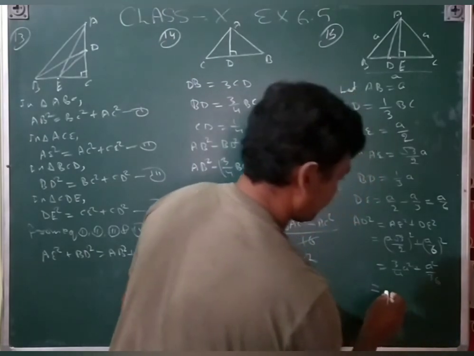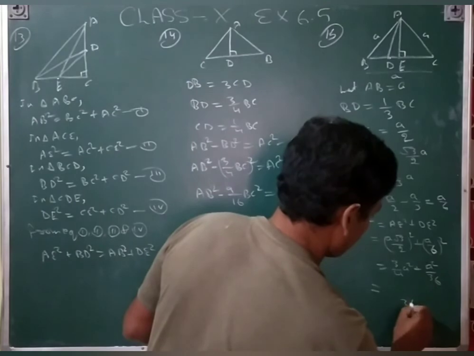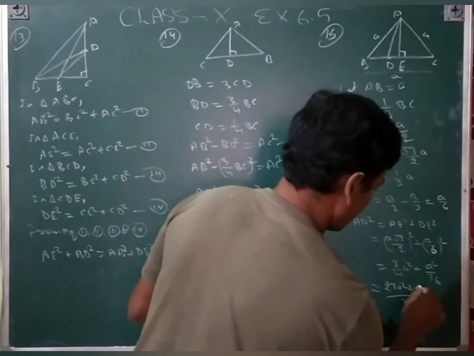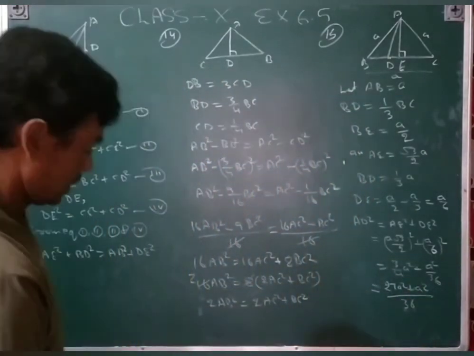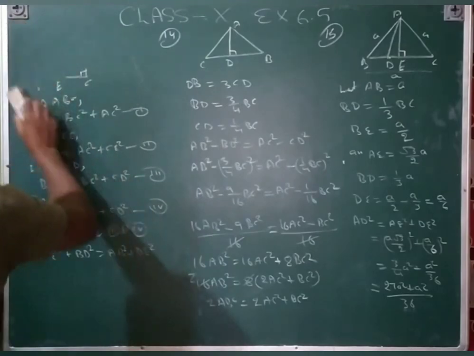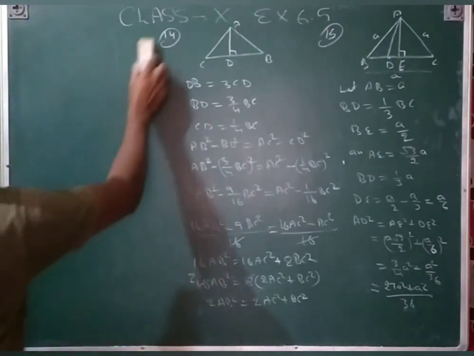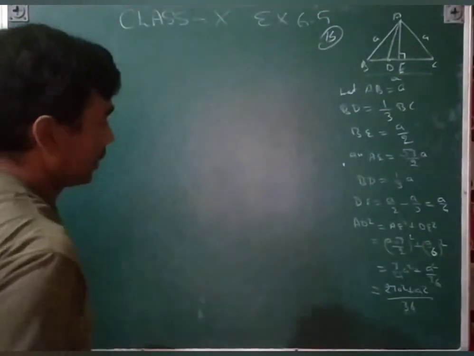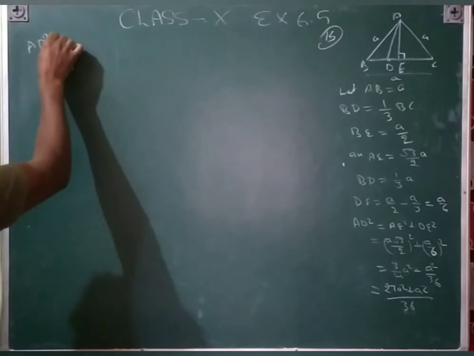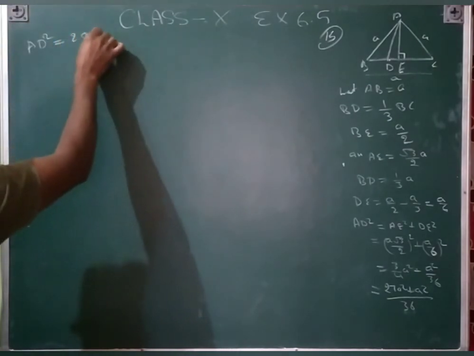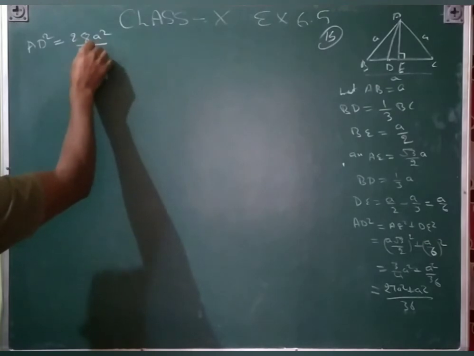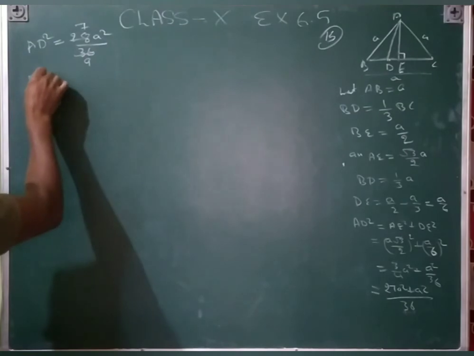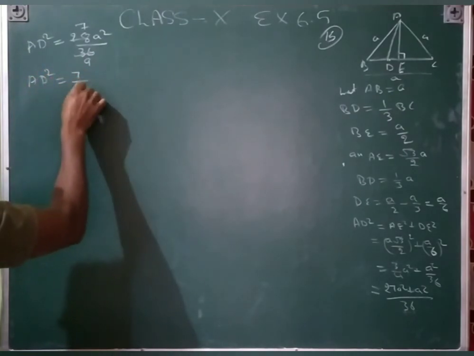The LCM is 36, so 9 times 3 is 27 A square plus A square. Now we will see here, AD square is equal to 28 A square upon 36, which is 7 upon 9 A square.